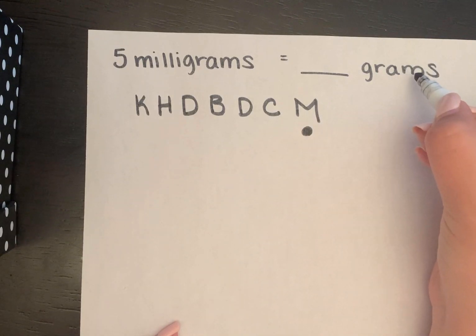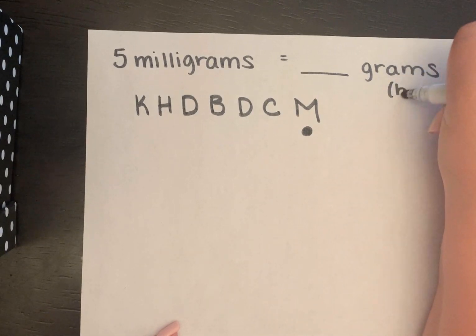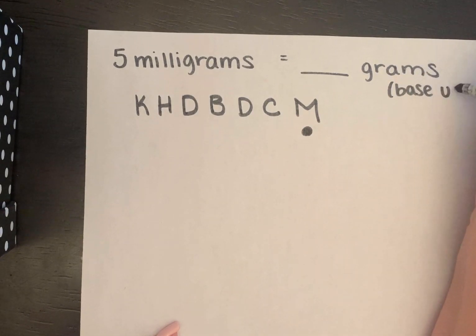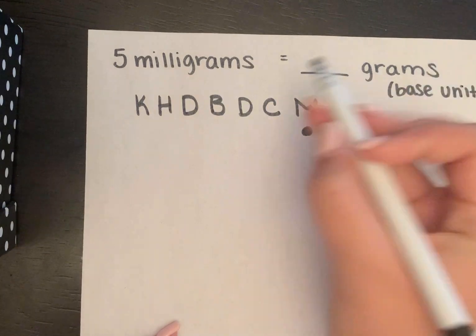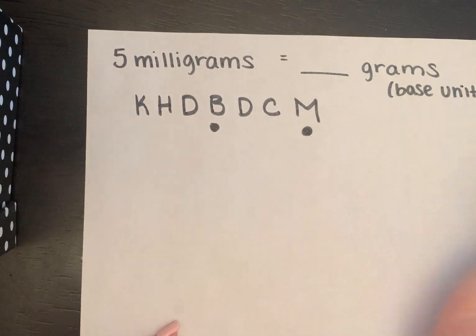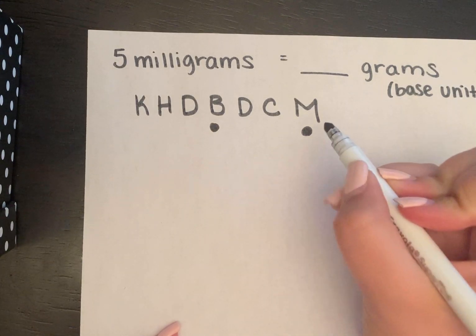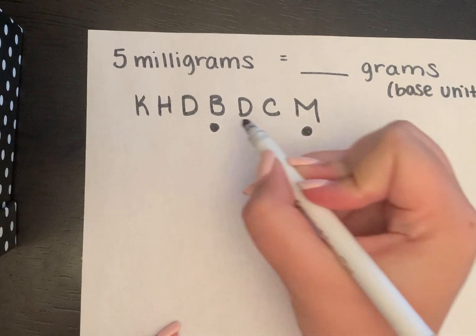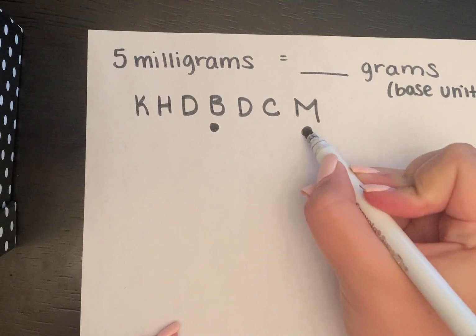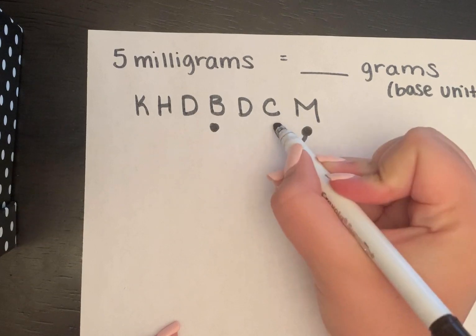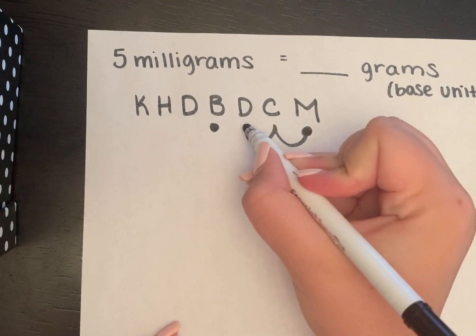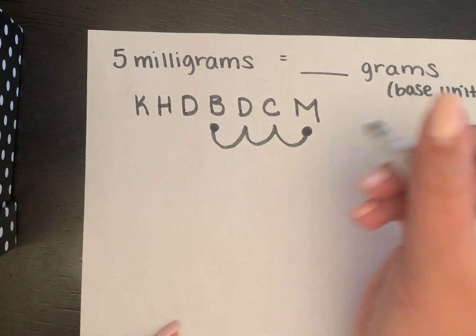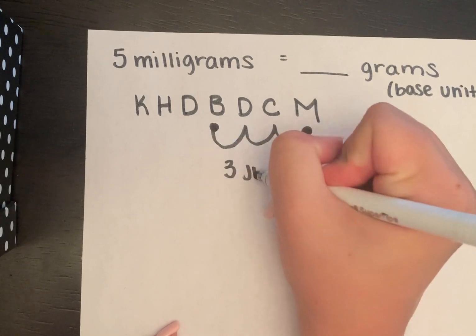Grams is a base unit, which means we are going to end up going to B. Now I need to count how many jumps I'm moving from milli all the way to my base unit of grams. So I'm going 1, 2, 3. So 3 jumps.